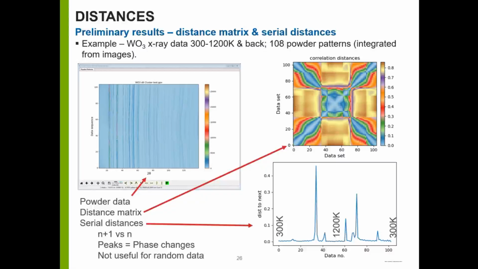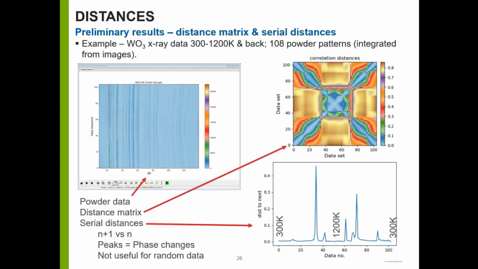So here's the powder data. This is the distance matrix, measured as, I don't know, it may have been Euclidean distance. And you get this funny pattern that looks like this. And if you look at it long enough, you can sort of say, well, obviously, this is because the temperature went up and then back down again or something like that.